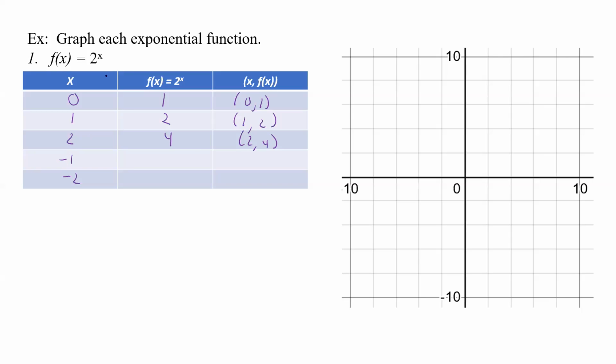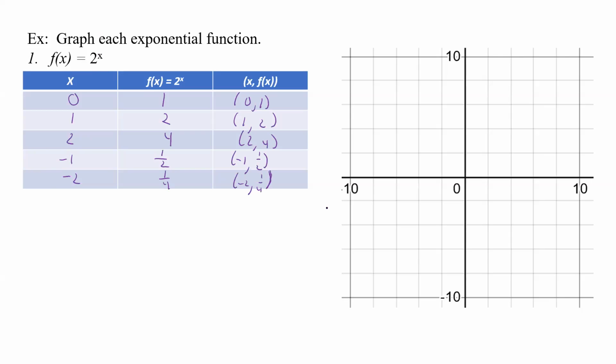Now if we plug in a -1, that's going to make it 2 to the -1, or 1 over 2 to the first, and so that's going to give us 1/2, so -1, 1/2 is that one. And if we plug in a -2, that's going to give us 1 over 2 squared, and that's 1 over 4, so -2, then 1/4.